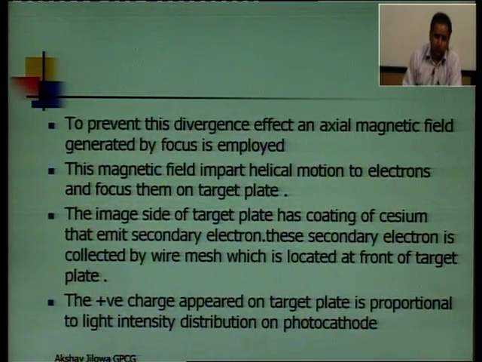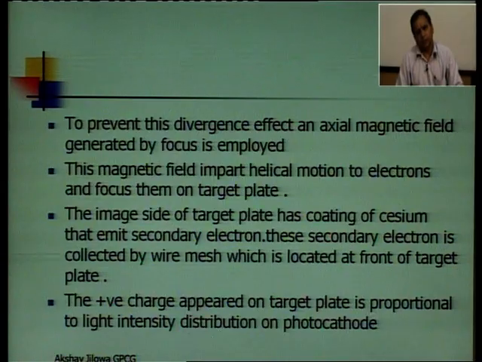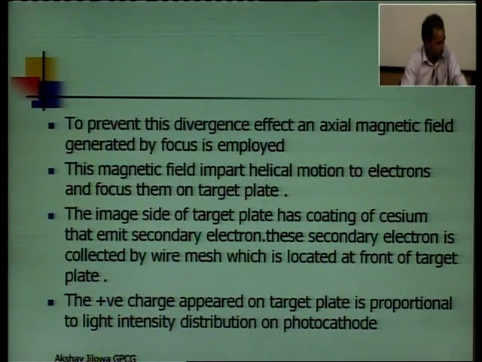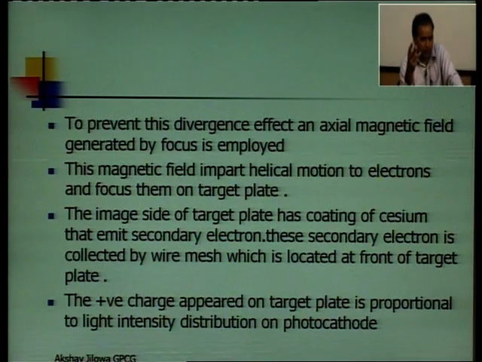So, to prevent this, the divergence effect and an axial magnetic field generated by the focus coil is employed. This is an additional magnetic field generated to focus the electrons, so that they follow their trajectory and do not get repelled by each other.